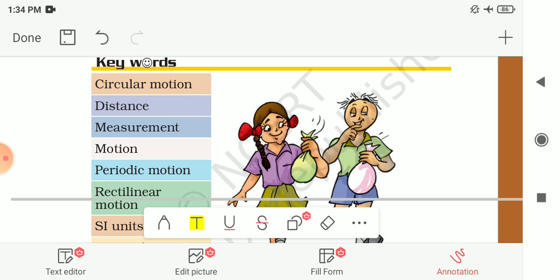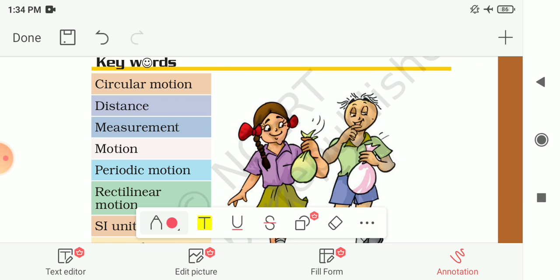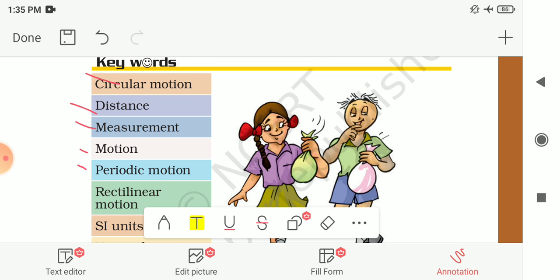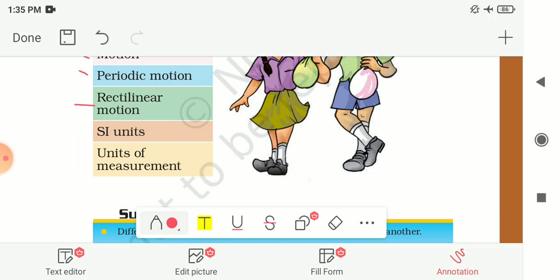The keywords for this chapter are: circular motion, distance, measurement, motion, periodic motion, rectilinear motion, SI units, and units of measurement. You have to write these hard words in your notebook before writing the exercise.